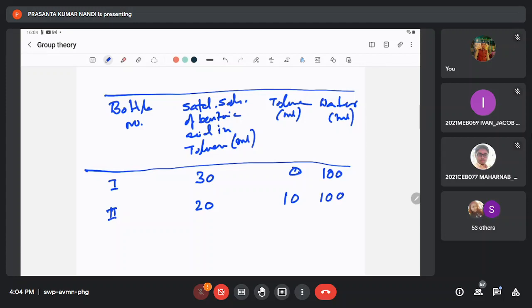So the total volume is 130. Again in bottle number 3, you fill up with this composition: 10, 20, and 100.